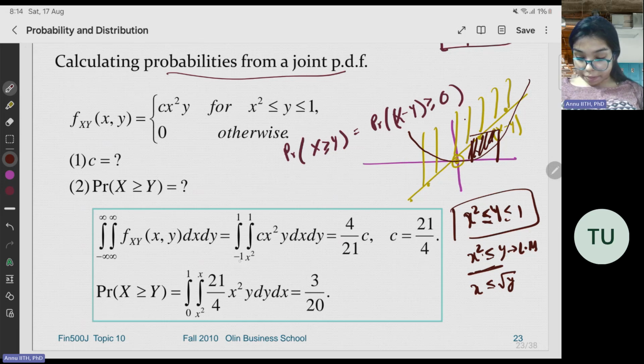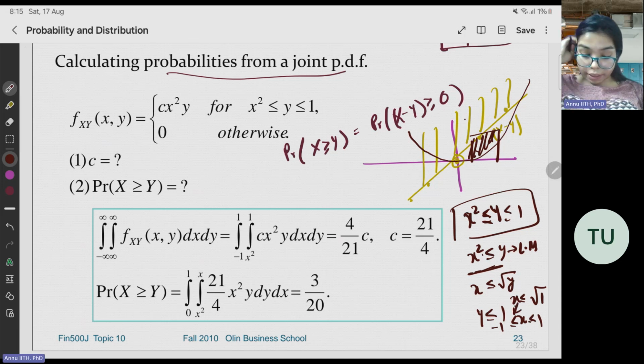And y is less than or equal to 1, so x is less than or equal to root over the maximum value of y. So x is going from -1 to 1. I hope this is clear. So that's why it is going from -1 to 1.